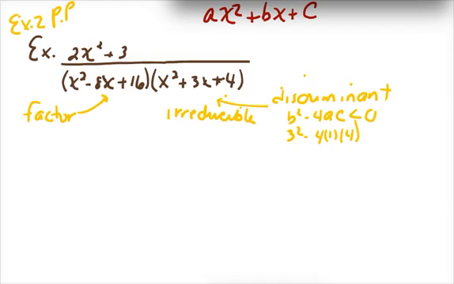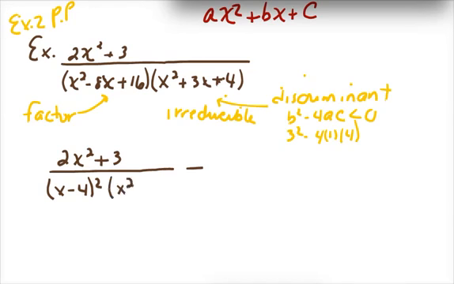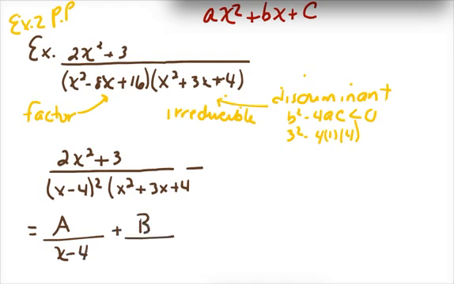The leftmost quadratic factors into x minus 4 squared. And then this is the irreducible quadratic. That's just going to stay the same. So the partial decomposition is going to be a over x minus 4 plus b over x minus 4 squared, because that's a repeated linear factor.